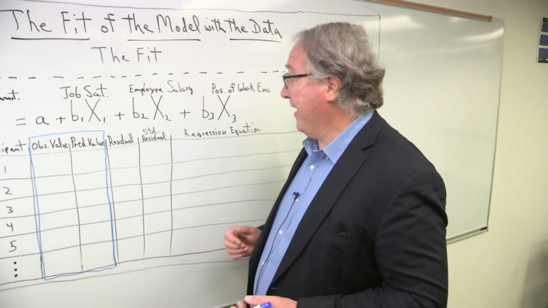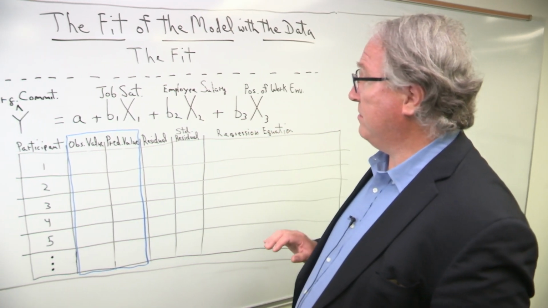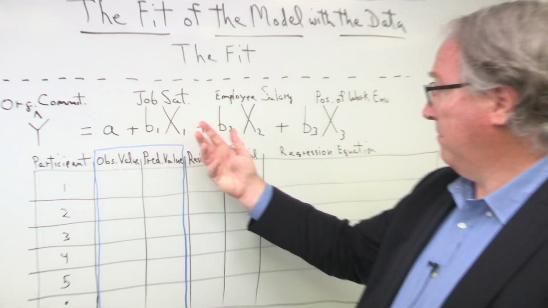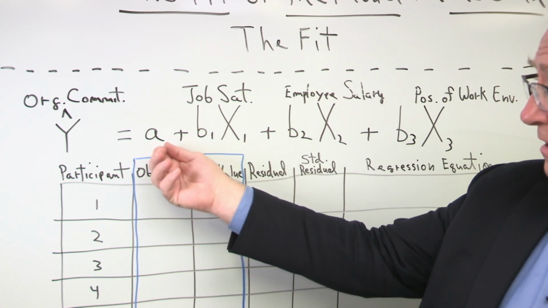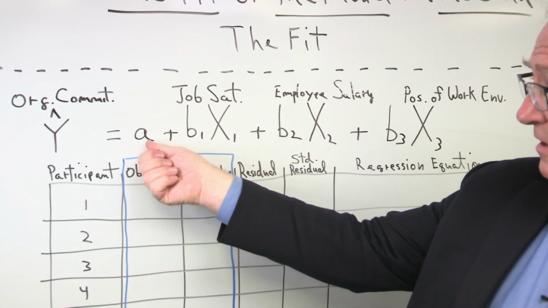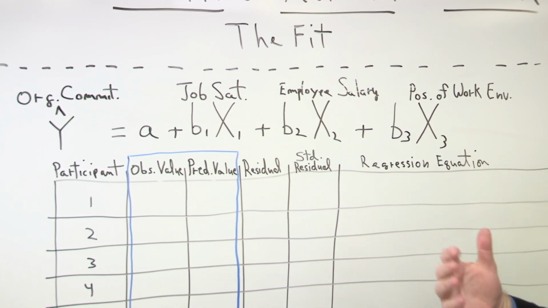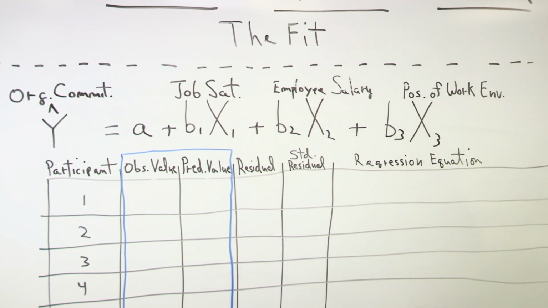And now, let's go ahead and look at the regression equation. Here's our regression equation. Within the regression equation, we have, beginning with the constant, the model. Let's apply the regression equation to each of our participants.